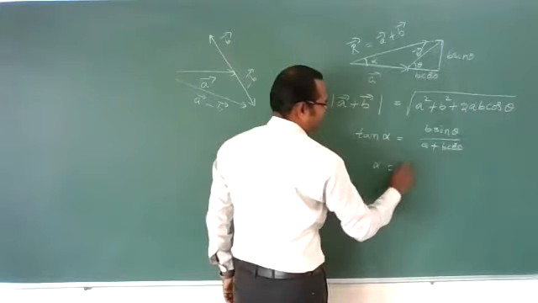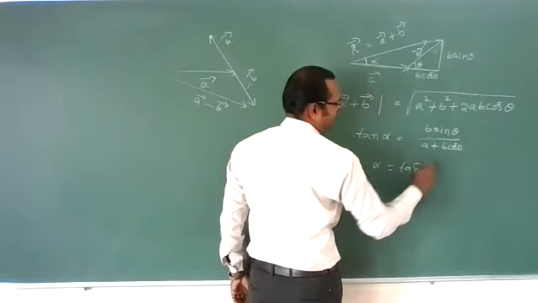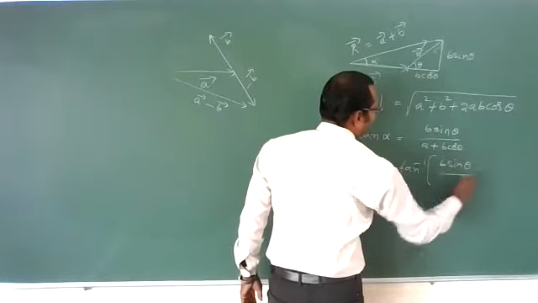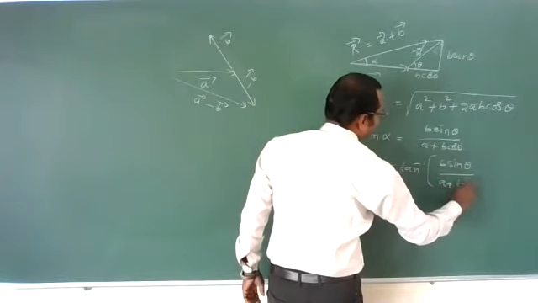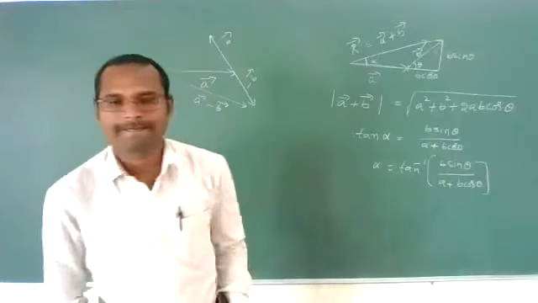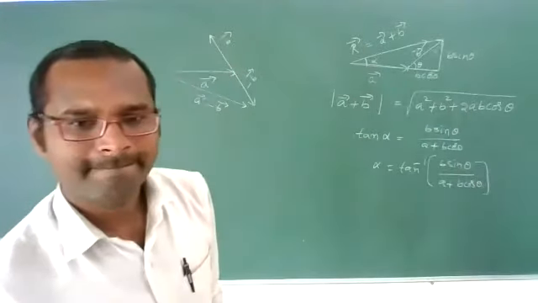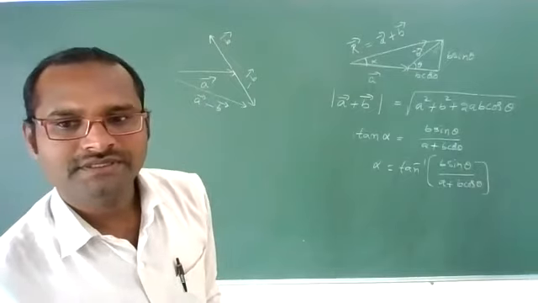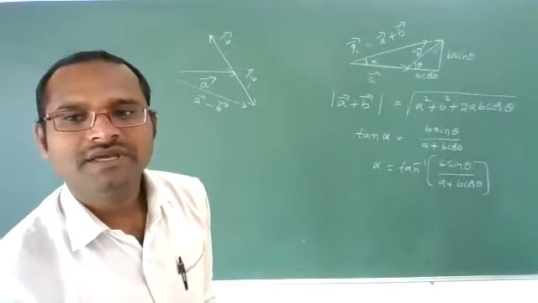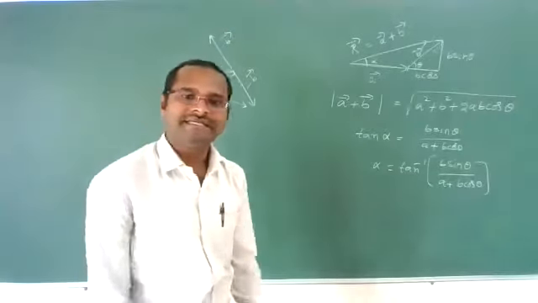So the direction alpha is equal to tan inverse of B sin theta upon A plus B cos theta. This is how we will take the direction of A plus B.